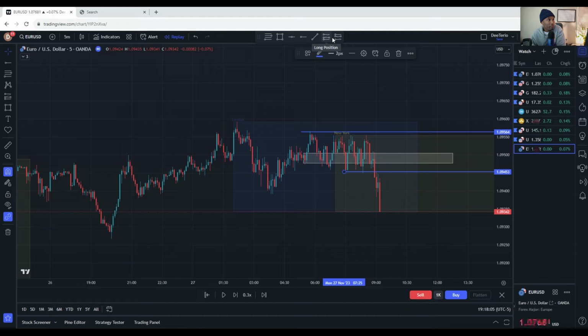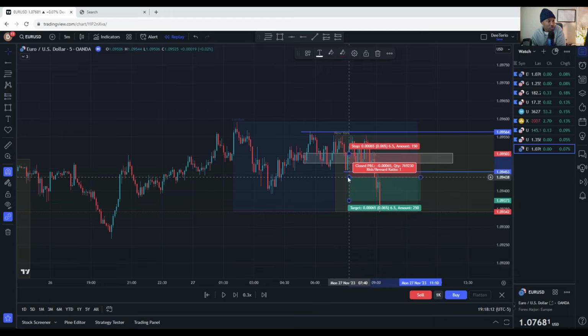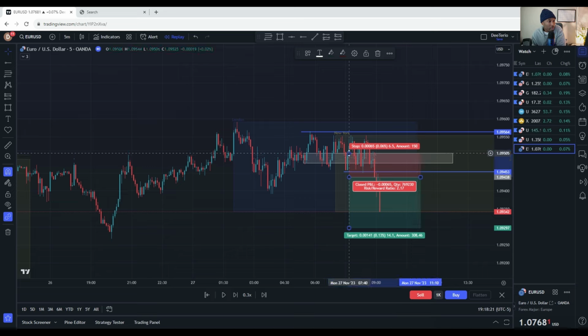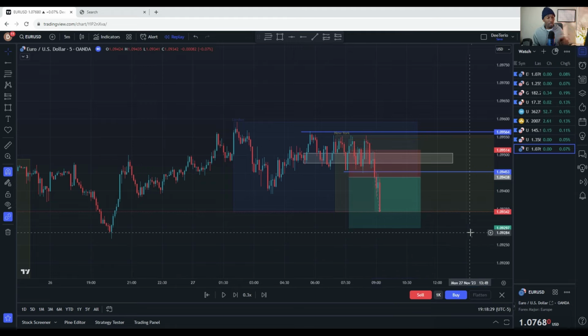But sorry, I would have definitely got in a sale once it shot below this and made this strong wick. Give me what, 12 to 15 pips? Go 14. I would have had my stop loss right above that point. What is it, 7 pips? 7 pip stop loss to a 14 pip take profit.